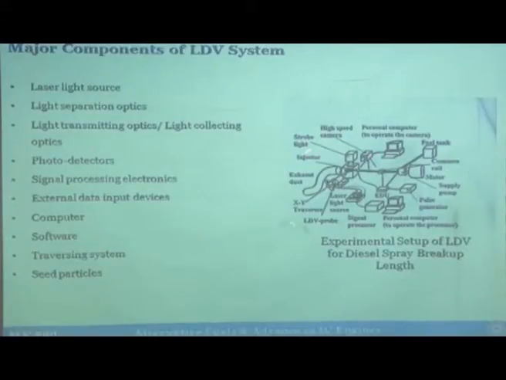So, this is how the LDV system actually works. Okay. If you are interested in doing the measurements inside a spray bomb, this is the experimental setup. If you are interested in doing the measurements inside an optical engine, then you can replace this bomb with the optical part of the engine. You can just put an optical engine in between. Okay.